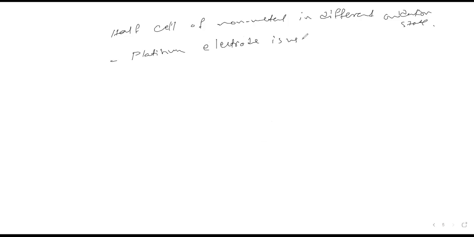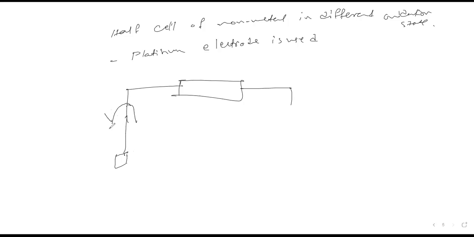Now, if we draw the diagram in the same manner as we did for hydrogen, there will be a second gas jar on the left side. So let's draw it on the left, a very similar mirror image.